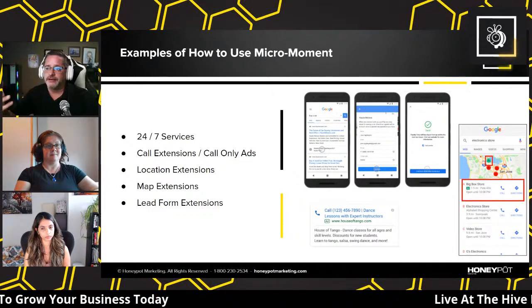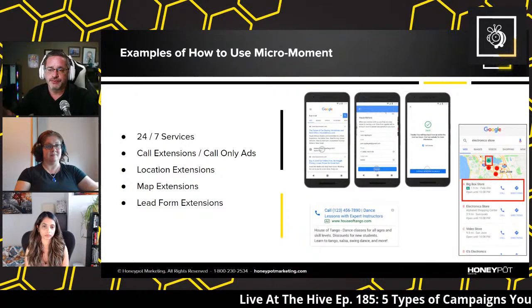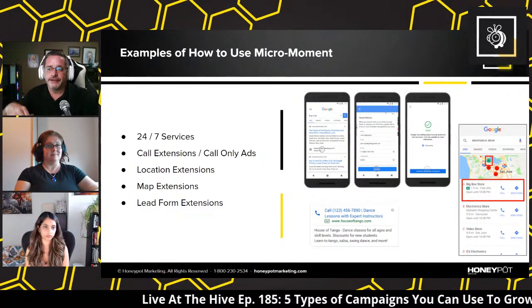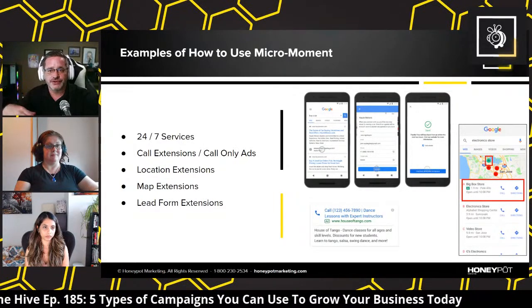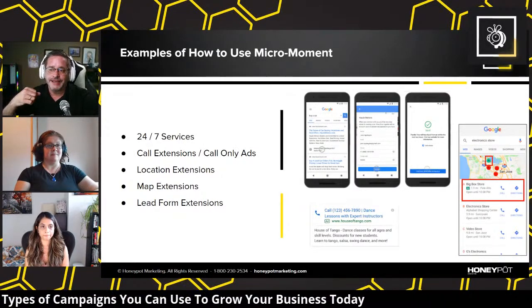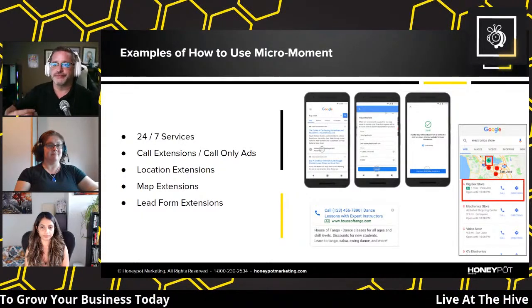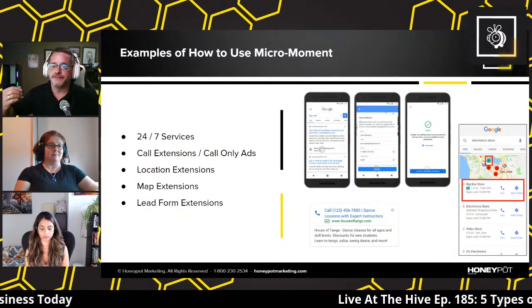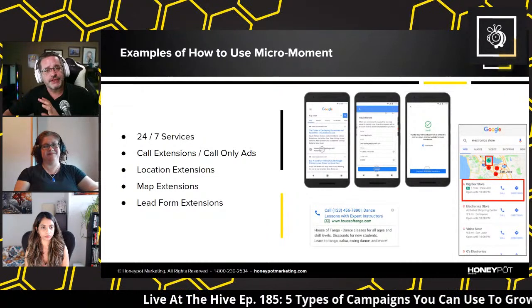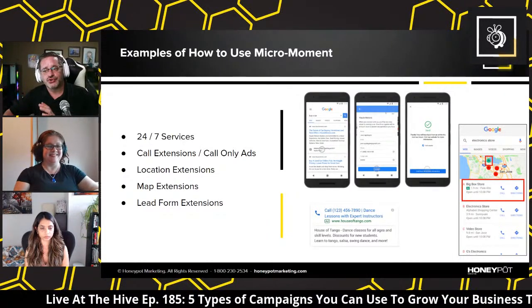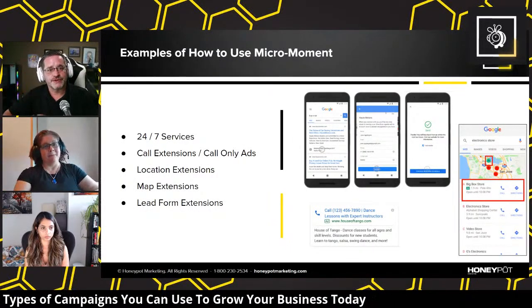So if I had a pool repair business or pool support business, for example, and I put those map, call, and 24/7 service extensions, that can hit that micro moment when someone wants to reach out because something's wrong. My pool filter's not working, or whatever. And this is one of the techniques that you use and integrate into your campaigns to make sure that those items are relevant and top of those search results.